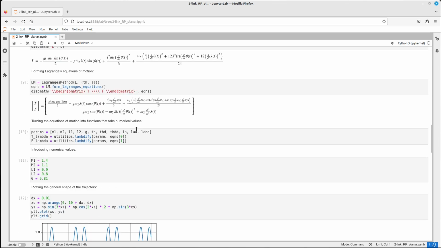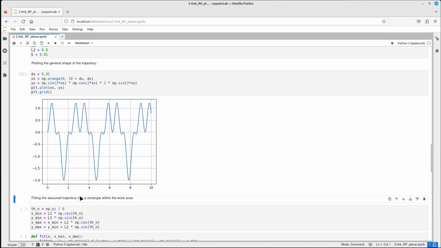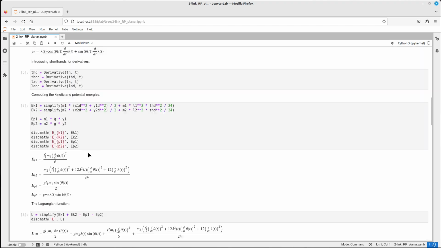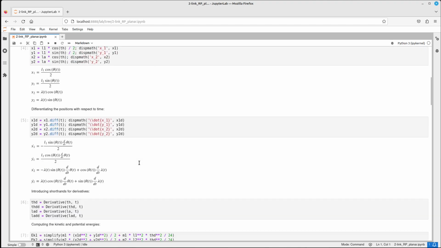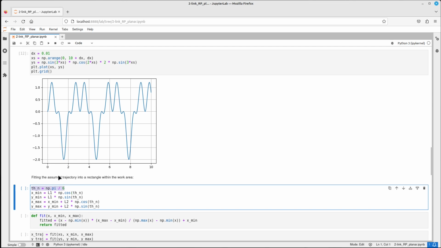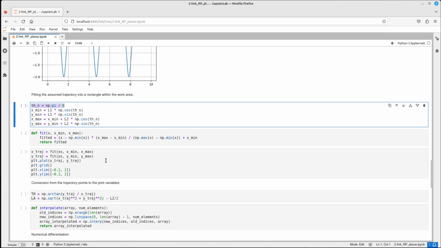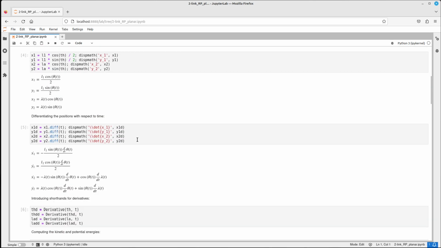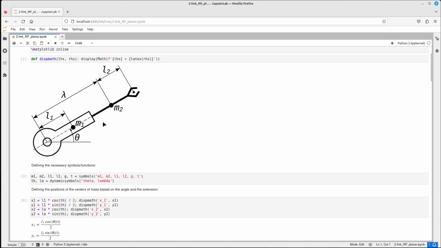So coming back here, we have to make sure that all of the points of this trajectory can be reached by the tip of the second link, right? So we assume some rectangle inside this work area. So for example, maybe something like this.